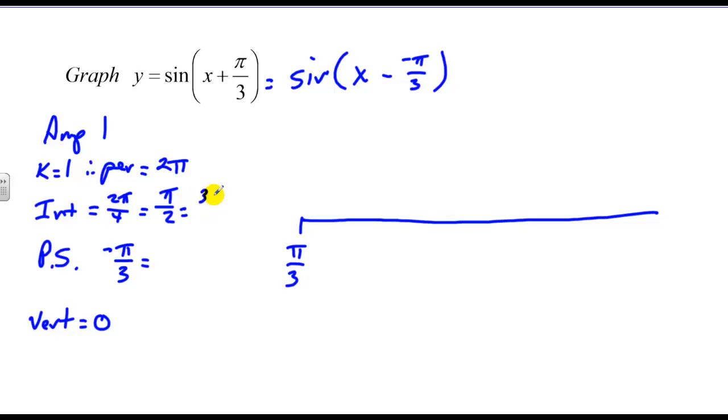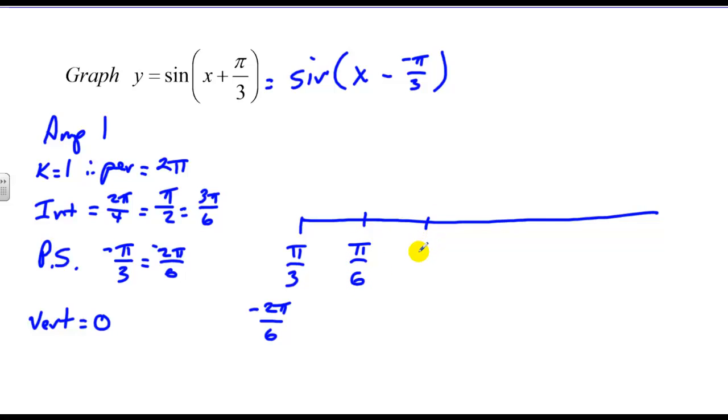So this is 3 pi over 6 here, and this is 2 pi over 6 here. So I'm going to rewrite this as negative 2 pi over 6 and start adding 3 pi over 6 to that. So if I add positive 3, I get pi over 6.